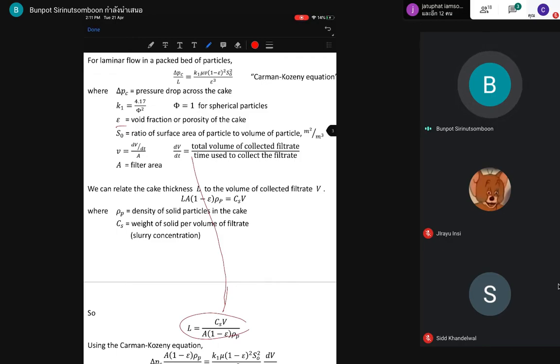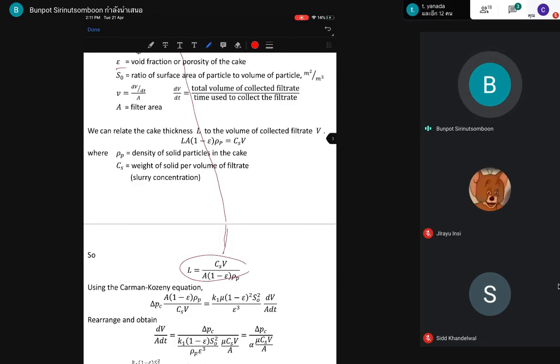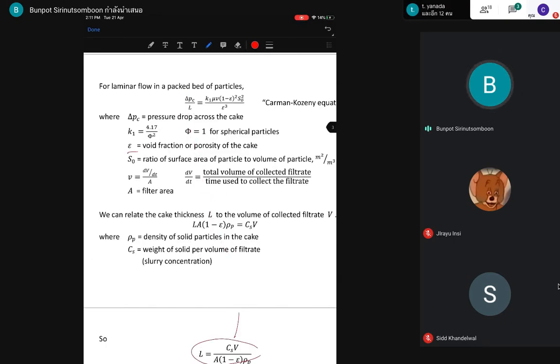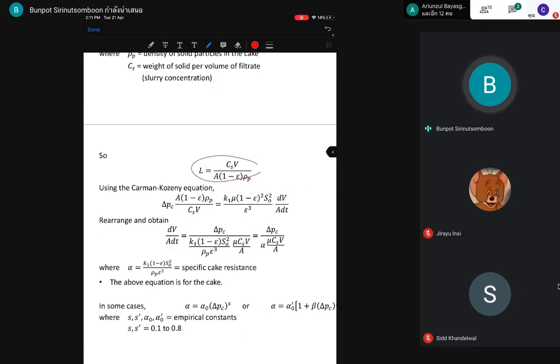This L right here goes into this L right here, and then rearrange the equation, and this is what you have. It's basically the relationship of the volumetric flow rate to the pressure drop across the cake, and also to the resistance within the cake, the cake resistance to the flow.